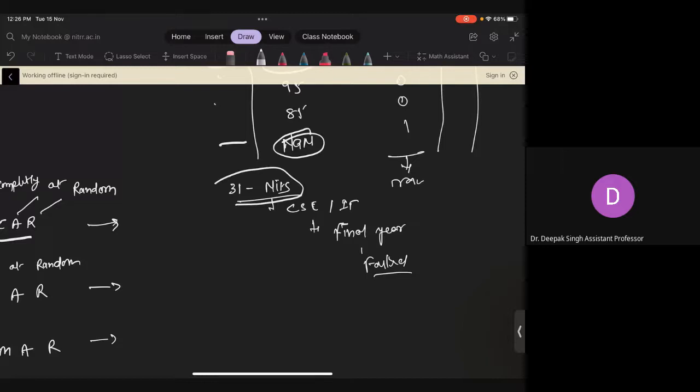So 31 NITs for these two departments, final year, and how many failed. I am interested in the failure people.